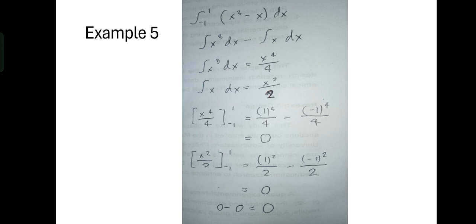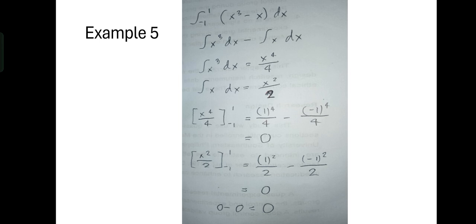After doing that, we have here the integral of x cubed with respect to x minus the integral of x with respect to x. Now we're going to apply the power rule of integration for each part.